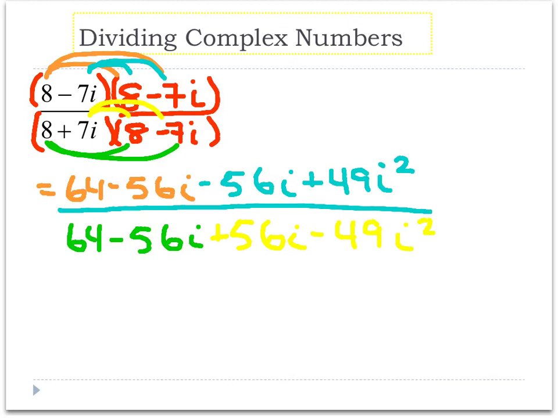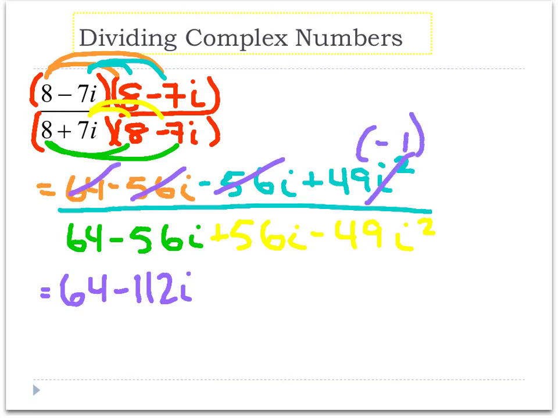So now just simplifying everything. On the top, these guys and these guys will come together to give me a negative 112i. And then this guy is going to turn into a negative 1, so that's a negative 49.